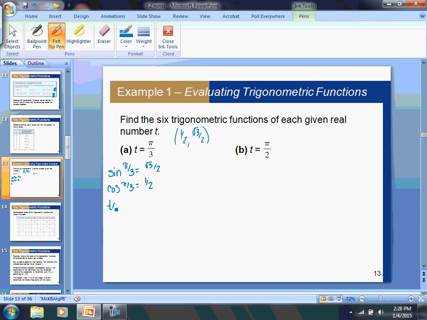Now tangent of pi over 3, we have to do a little work here. Remember that was sine over cosine, so that's going to be square root 3 over 2 over 1/2. And I have to simplify this. I can't just leave it as a fraction and a fraction. So I have to multiply by the reciprocal, so I'm going to have to multiply by 2 over 1. So that's going to cancel all the way down to the square root of 3.